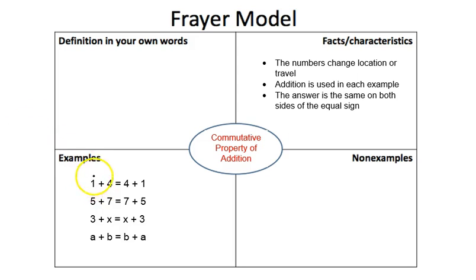So for example, the 1 and the 4, they switched places. The 5 and the 7. The 5 is first, the 7 is second, but in this side of the problem, the 7 is first, the 5 is second. So in all of these, the numbers are changing location or traveling.